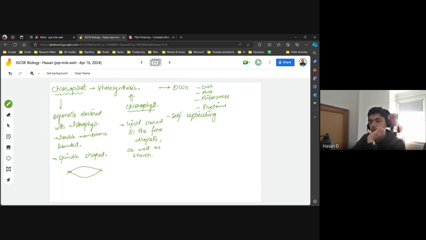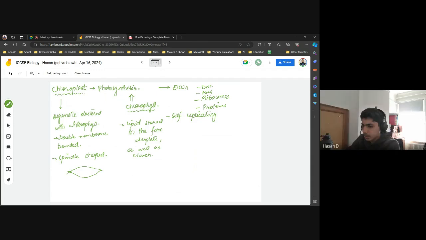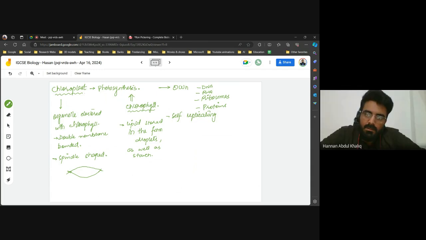So first of all, they're both found in the plant cell, which is a similarity. The chloroplast is absent in the animal cell, but the mitochondria is found in both. Good. Mitochondria is used for respiration, and chloroplast is the site for photosynthesis. So that would be the difference.